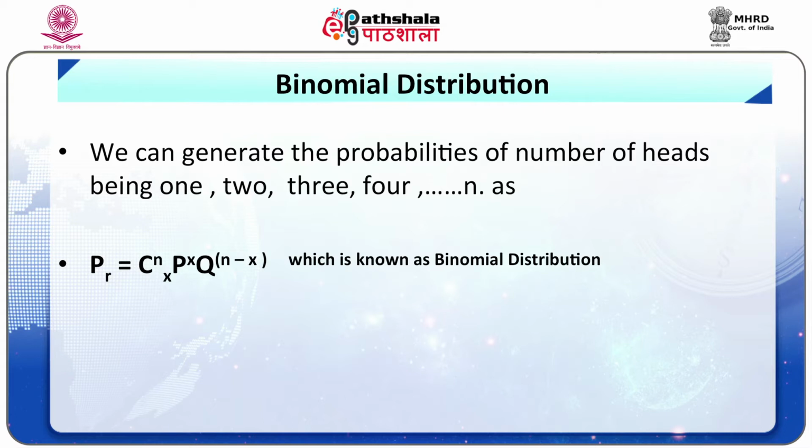The general form of the probability which will generate x heads is given as P(x) is equal to nCx p raised to power x q raised to power n minus x.